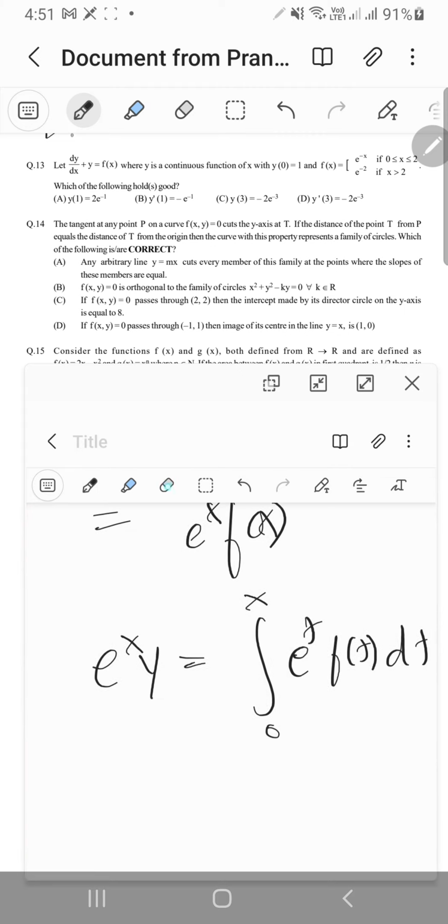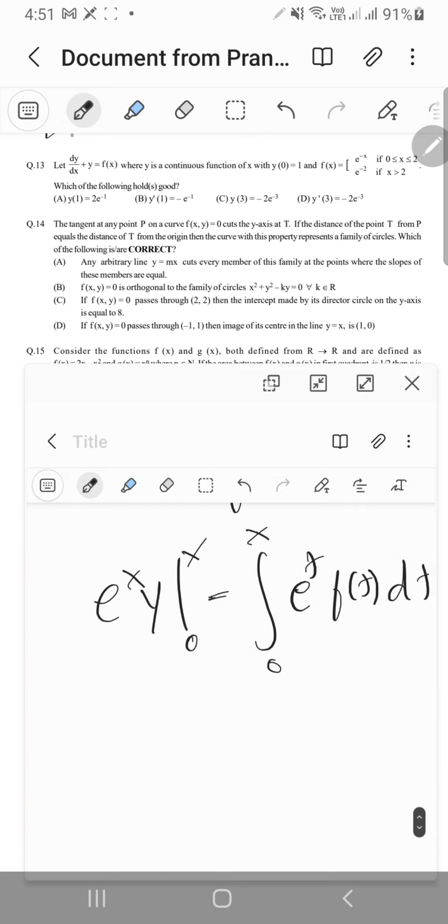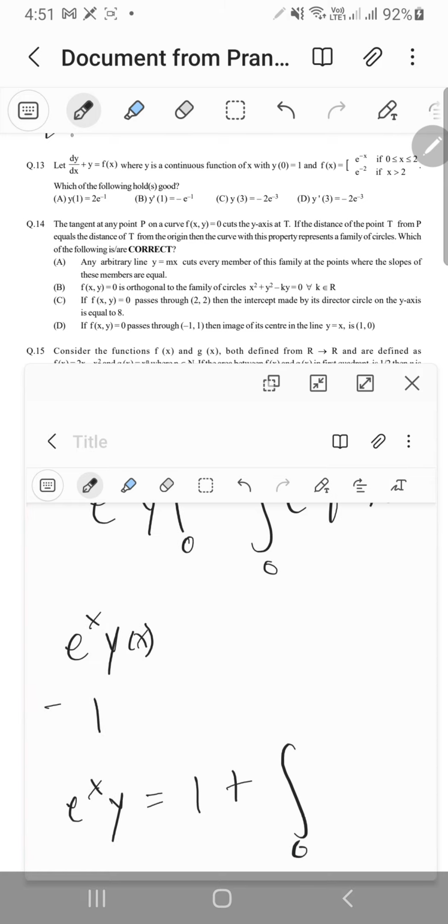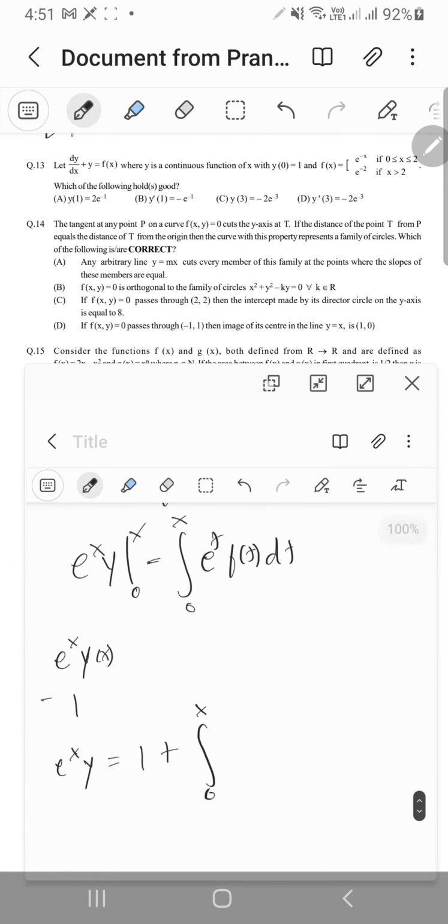Well, in that case, this thing should also be from 0 to x. So they said that y of 0 is 1, so e power x y of x minus, when you put 0 over there, you just get 1 and 1's like 1. So e power x y equal to 1 plus integration from 0 to x e power t f of t dt, right?